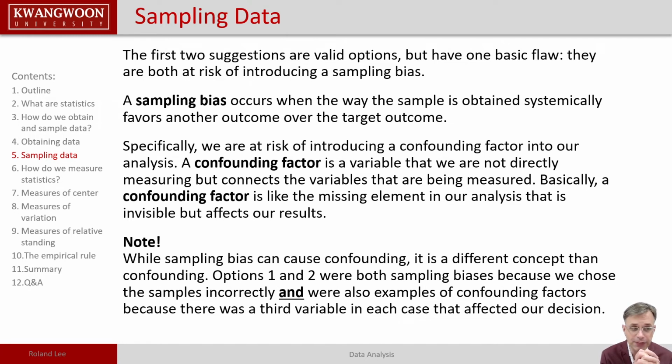A confounding factor is a variable that we are not directly measuring, but that connects the variables that we are measuring. So a confounding factor is like the missing element in our analysis that is invisible but affects our results.